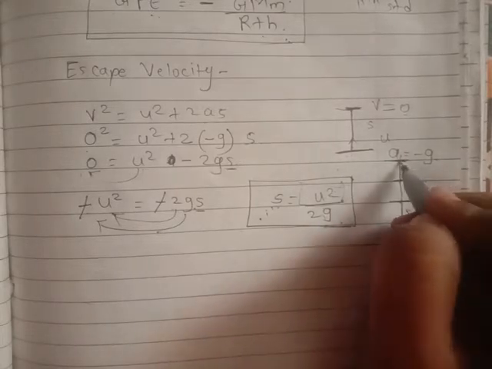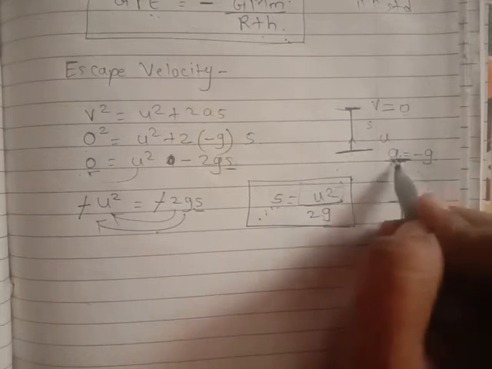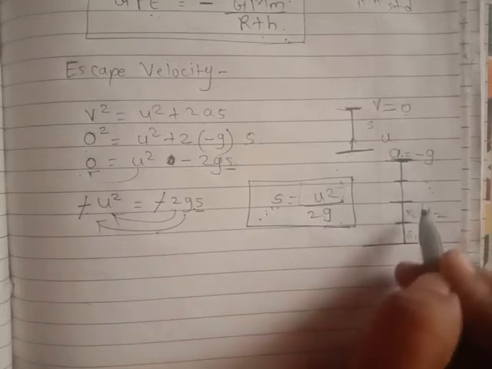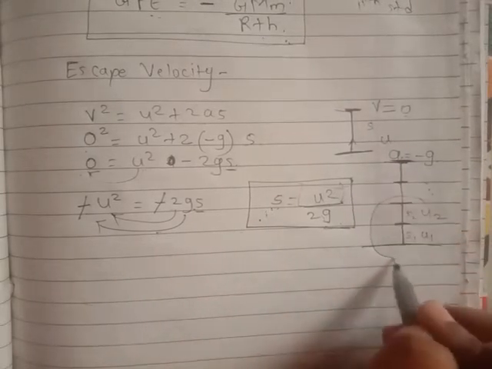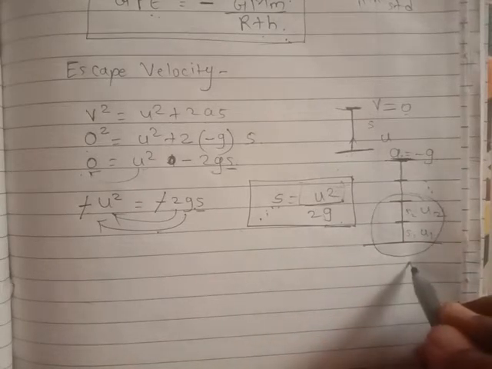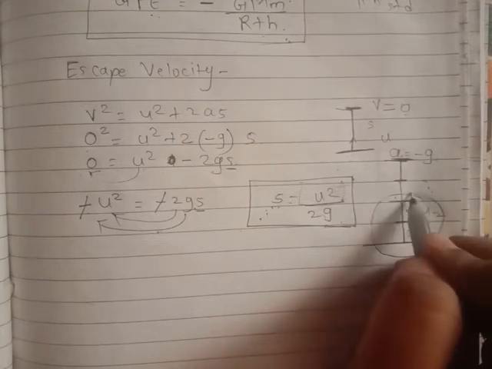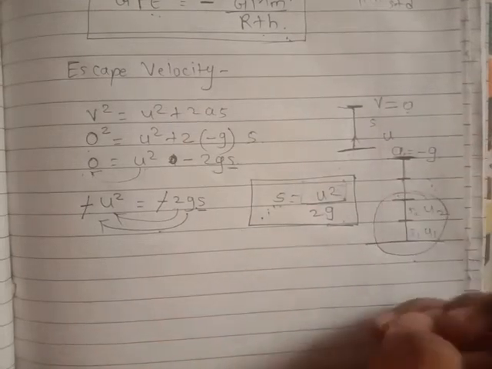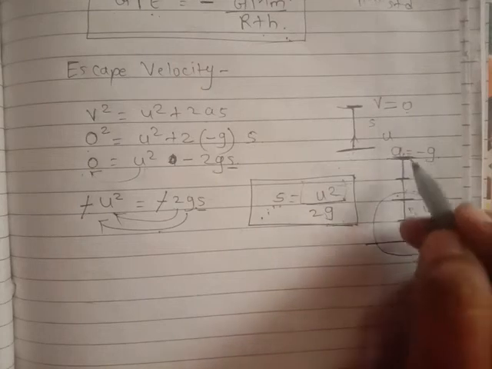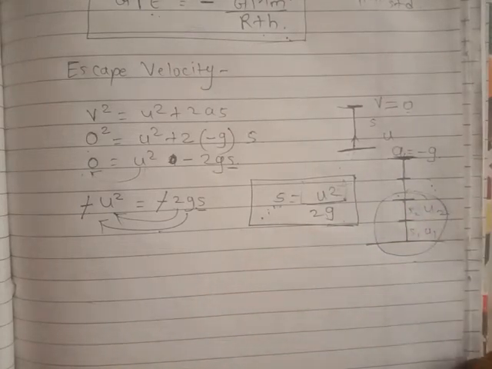The object will escape the Earth's gravitational field after reaching this point. Suppose this is the certain limit of the Earth where the acceleration due to gravity acts on the object, but after this point it is not able to pull the object downwards. So now your object will go ahead and it will not come down.